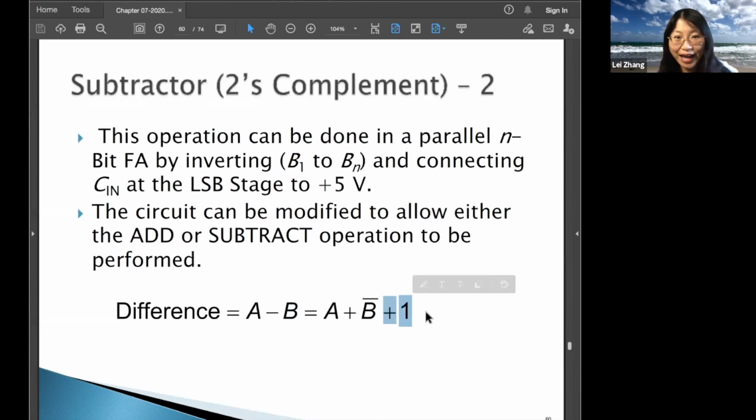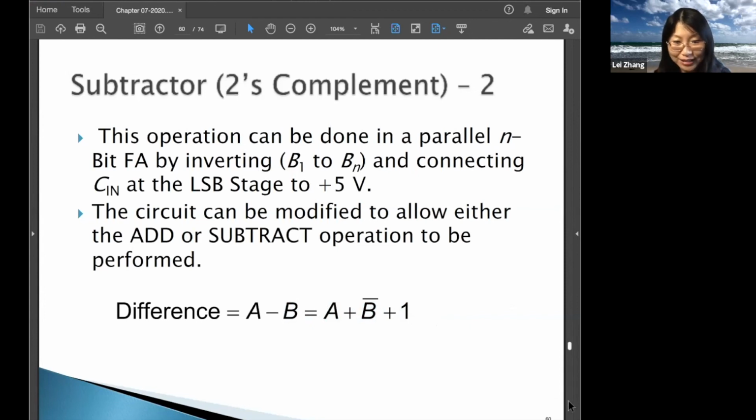Then we get the two's complement. So this part is where we convert the positive value B into its two's complement, which means minus B. So this subtraction becomes addition. We can implement the right side of the equal sign using an adder.